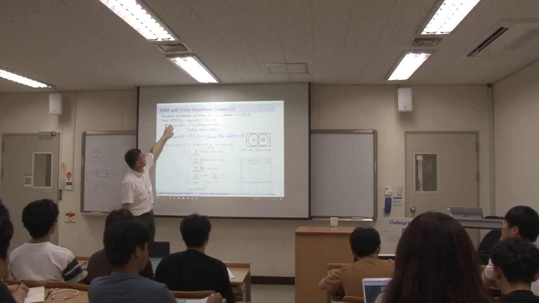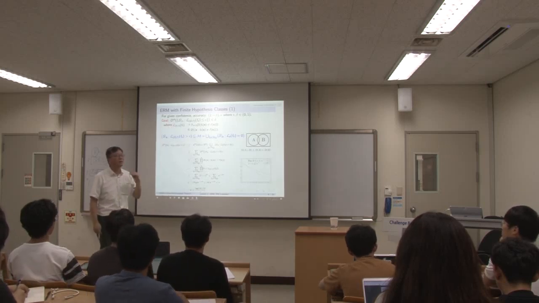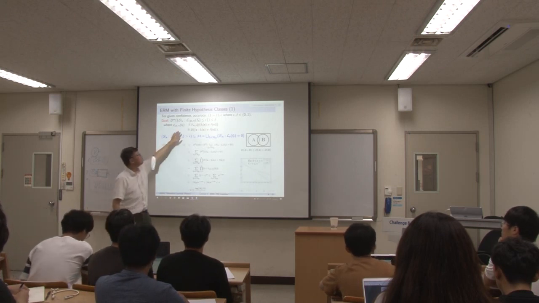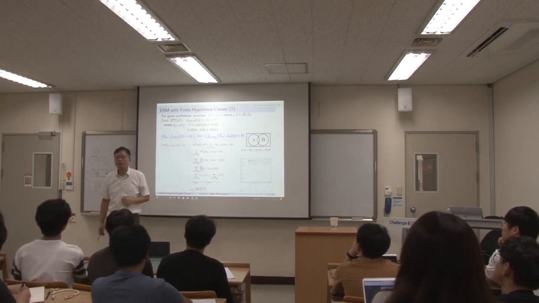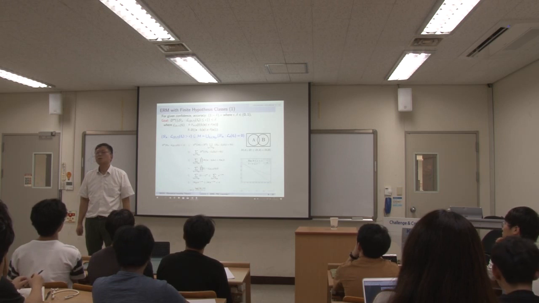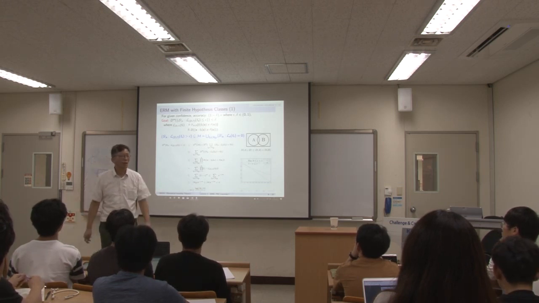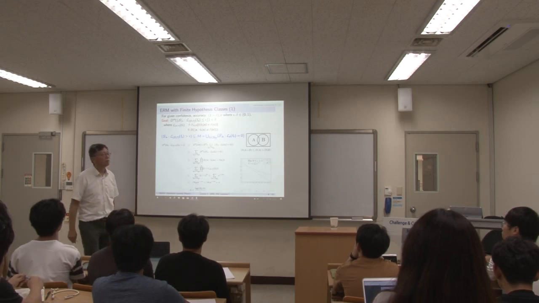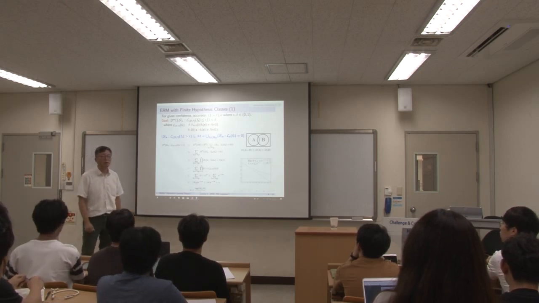Okay? What is the condition for this? Is this a good condition? Is this something you would like? First of all, I want to say this. Epsilon and delta are something that you can choose, any number. Is this a good condition?